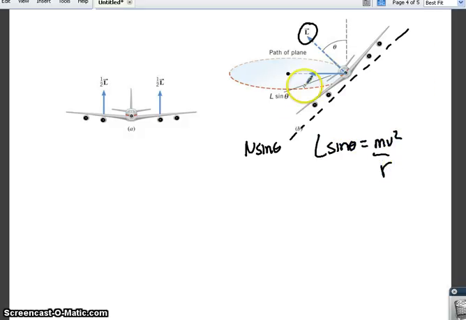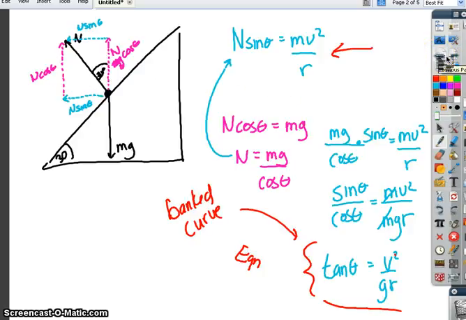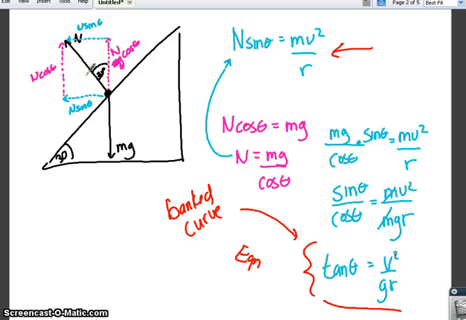That's the same as a car on a bank, N sine theta, because now we have normal force. The normal force is going to equal mv squared over r. These all work out the same way, but now you see that a car, normal force, is set up the same way as tension with a ball on a string, which is the same as a plane turning with lift.